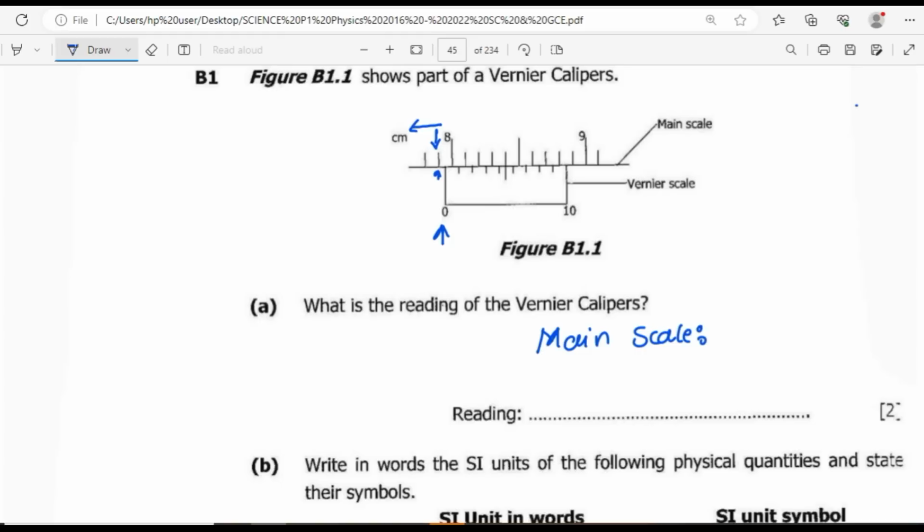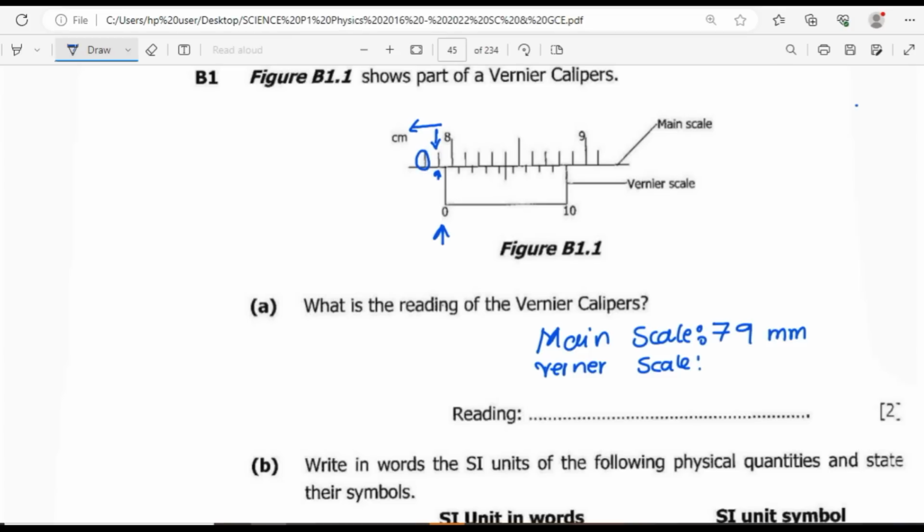You know that these are smaller lines, each represents 0.1. So this must be 0.9 for us to have 8. So here we have 7.9. Now I will just give it in millimeters, so I will just say 79 millimeters.